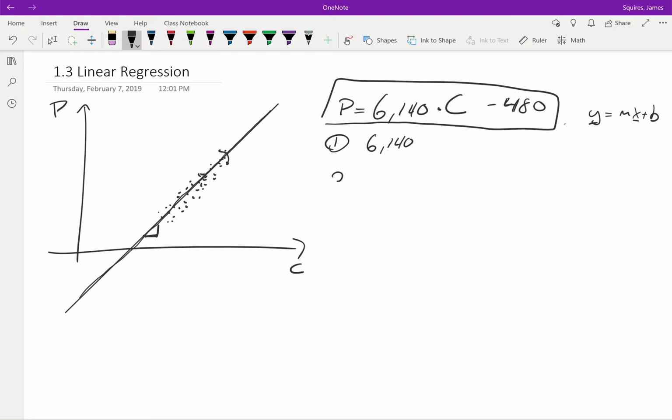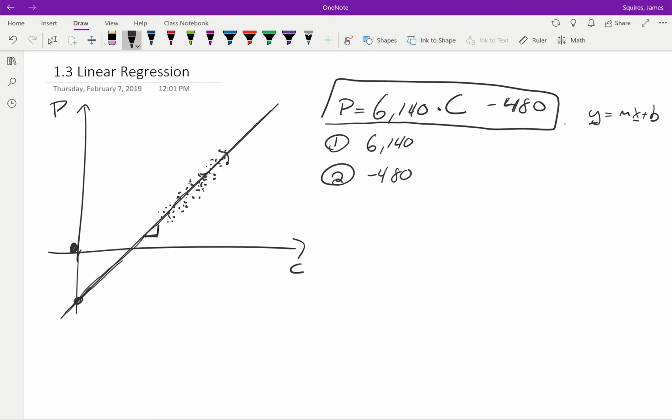$6,140. Similarly, what does this negative 480 represent? Well, that's our y-intercept value. Another way of thinking about that, if we take it quite literally, is that when carat size equals 0, the value of the diamond is negative $480. Now, granted, that's a little bit problematic because we're extrapolating outside of our data set.